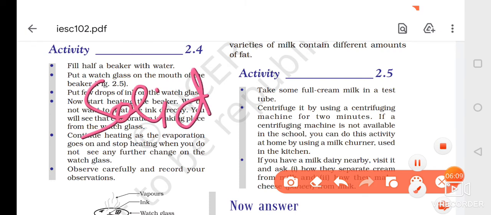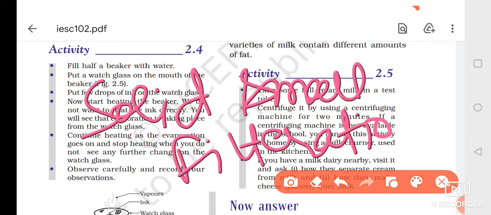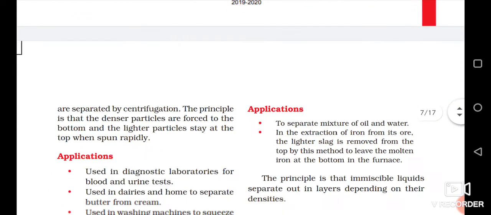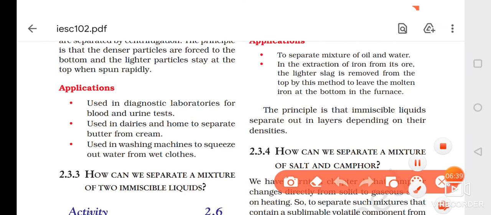For example, milk: we cannot separate the milk through filtration. If I want to separate the cream from the milk, I cannot use filtration, I can use the technique of centrifugation. Now some applications are also given, so make sure that you revise the applications also.